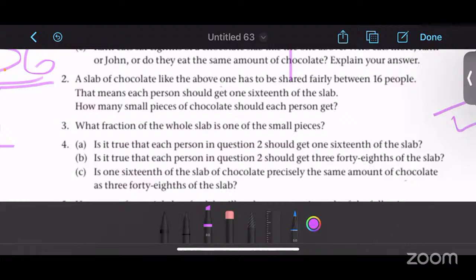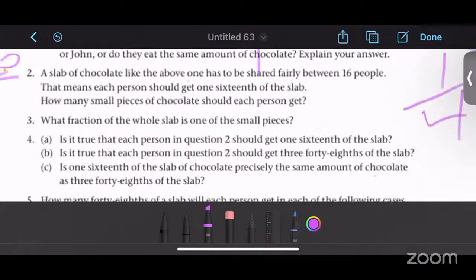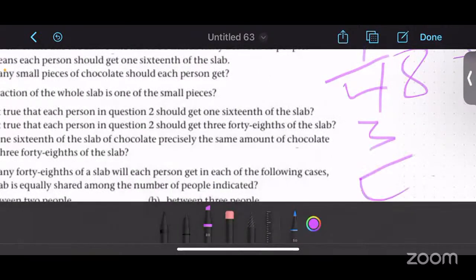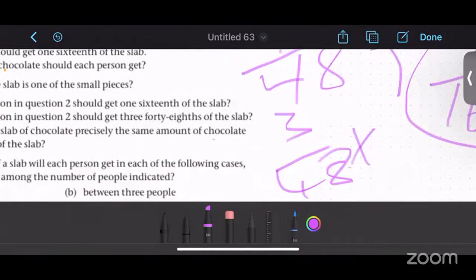Is it true or false? True. Are you getting 3? Okay, that's good. And then we have over here, 4B says, is it true that each person in question 2 should get 3/48 of the slab? So it's going to be 3 over 48 multiplied by 48.